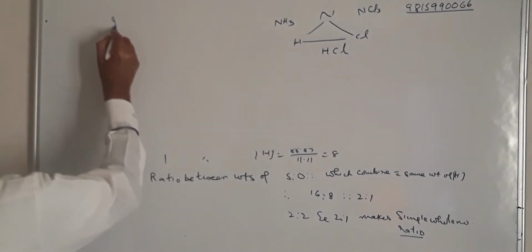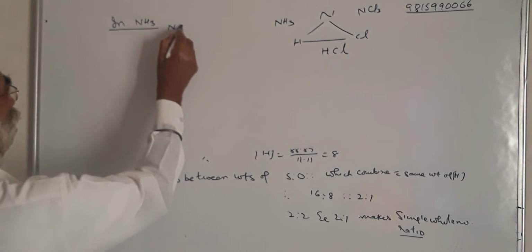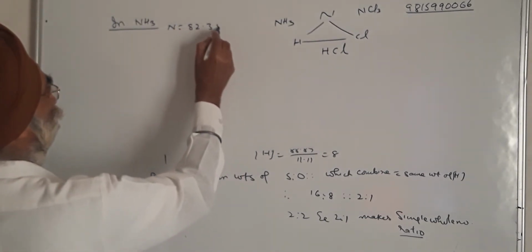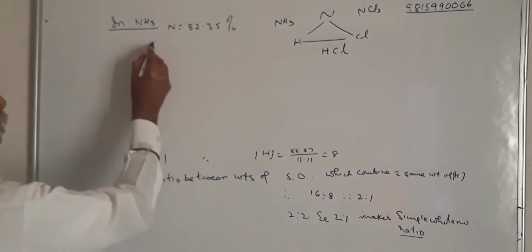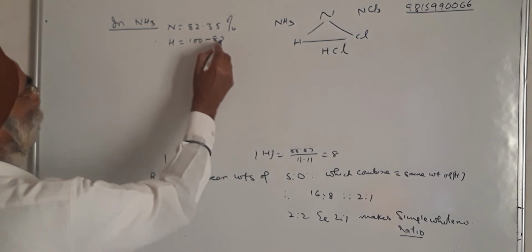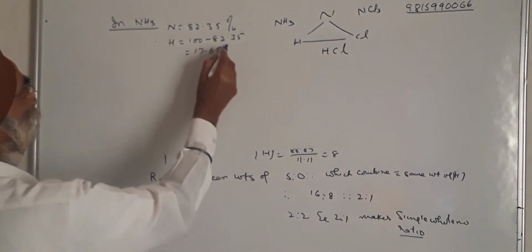In ammonia, nitrogen is 82.35%, therefore hydrogen is 100 minus this, 17.65%.